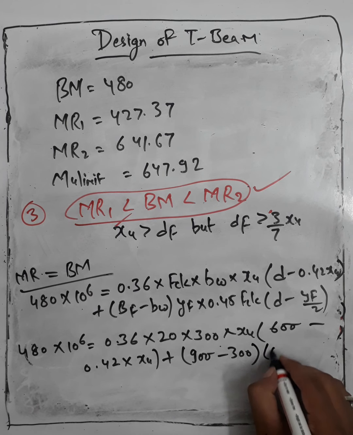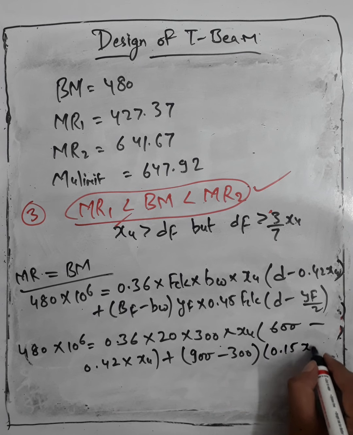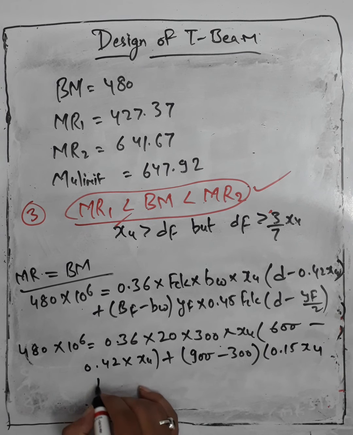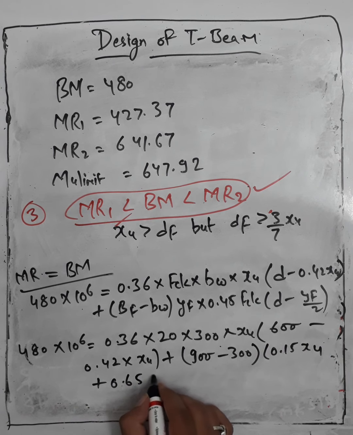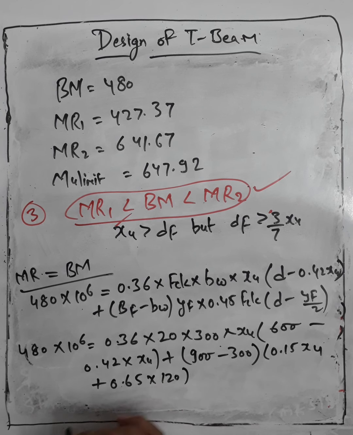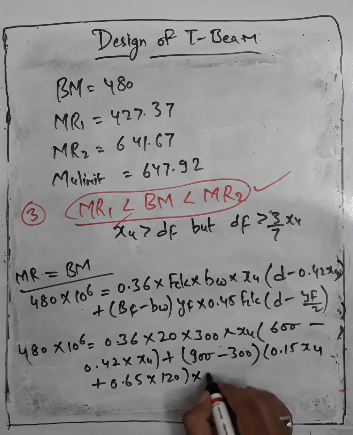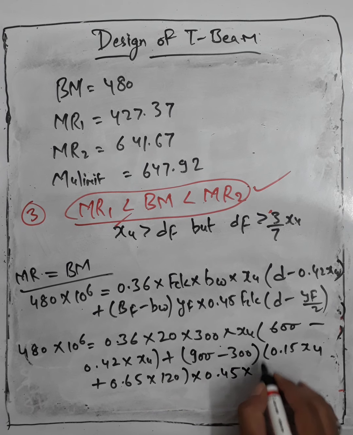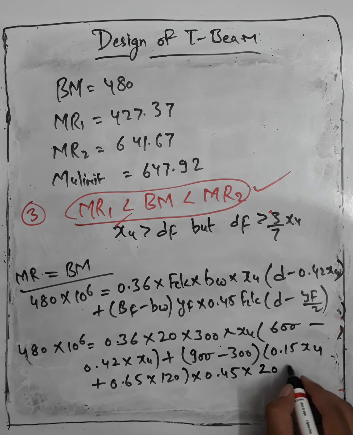So yf is equal to 0.15 xu + 0.65 Df, where Df is 120, into 0.45 into fck, which is 20.